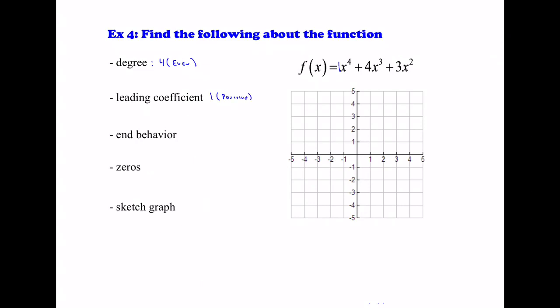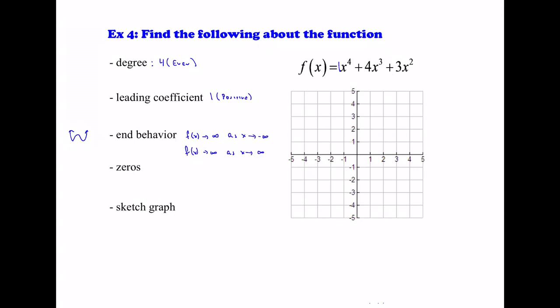The end behavior: f of x approaches what value as x approaches infinity and negative infinity? Since it's an even degree and a positive leading coefficient, it's going to open up. So the end behavior will be infinity for both as x approaches negative infinity and infinity.